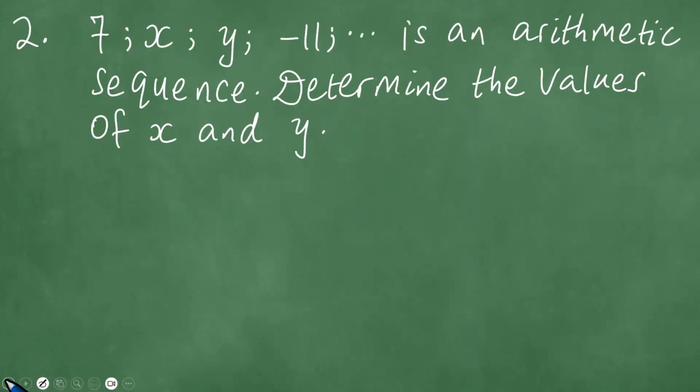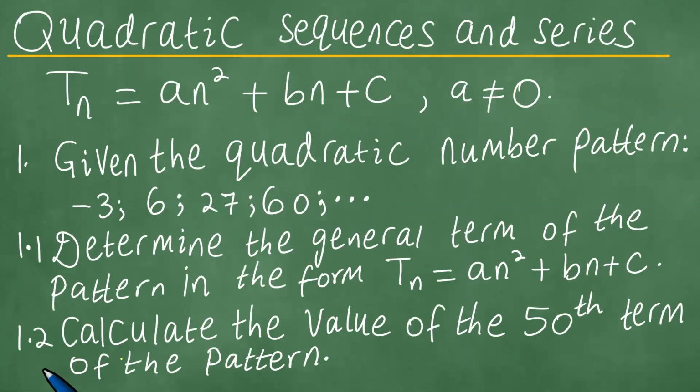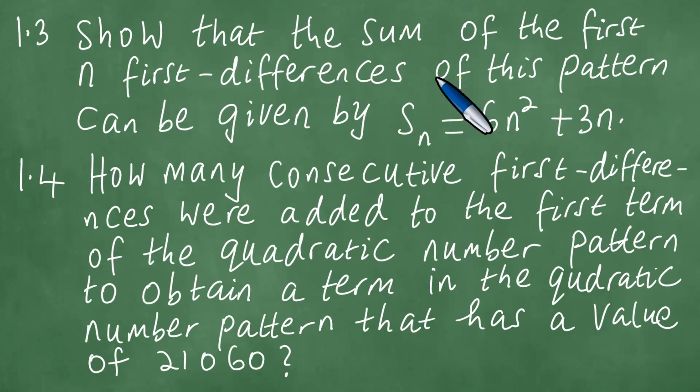We calculated the value of the 50th term, and it was just obtained. Now, the next question. Show that the sum of the first differences of this pattern can be given by S sub n equals 6n squared plus 3n.